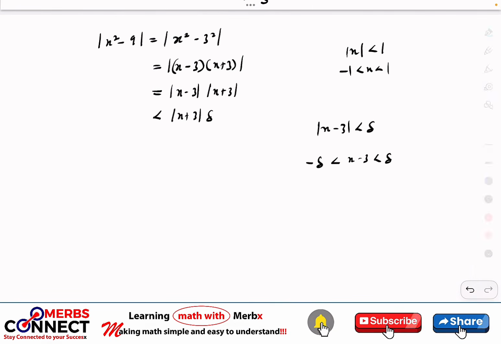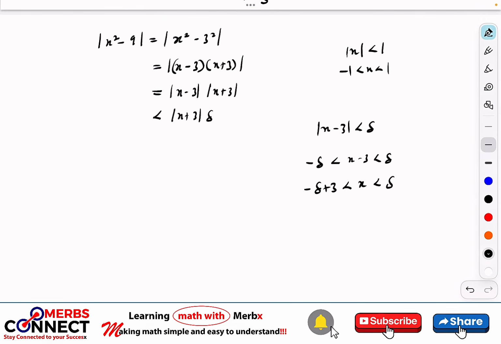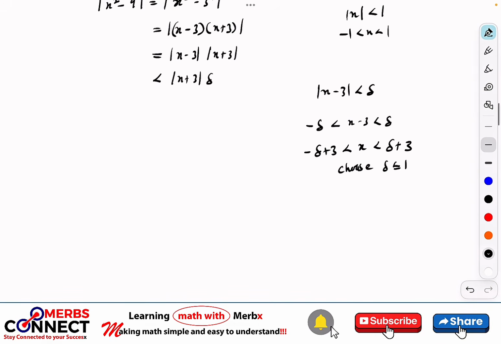And because I want to get x here, I can add 3 on both sides and have minus delta plus 3. When I add 3 in the middle, I'm just going to have x, and I'm going to have this one here. So when I get this, I'm going to choose delta to be less than or equal to 1. That's most of the time what we do. So when I do that, then I can replace delta by 1, so that I'm going to have minus 1 plus 3 less than x less than 1 plus 3.